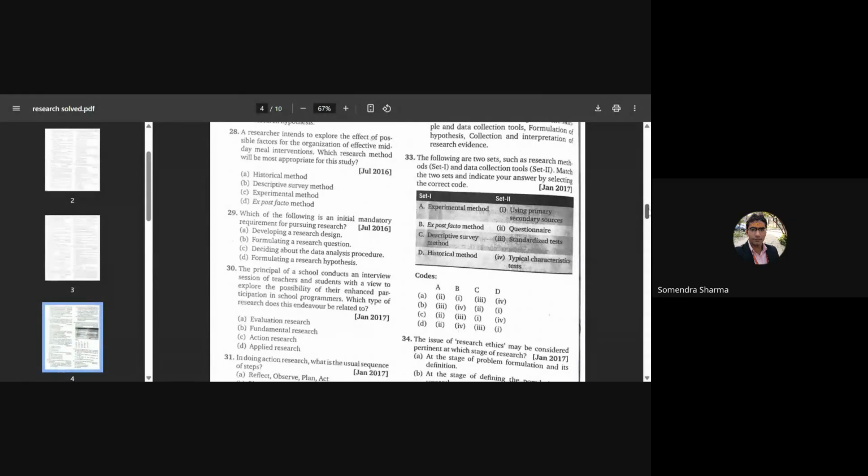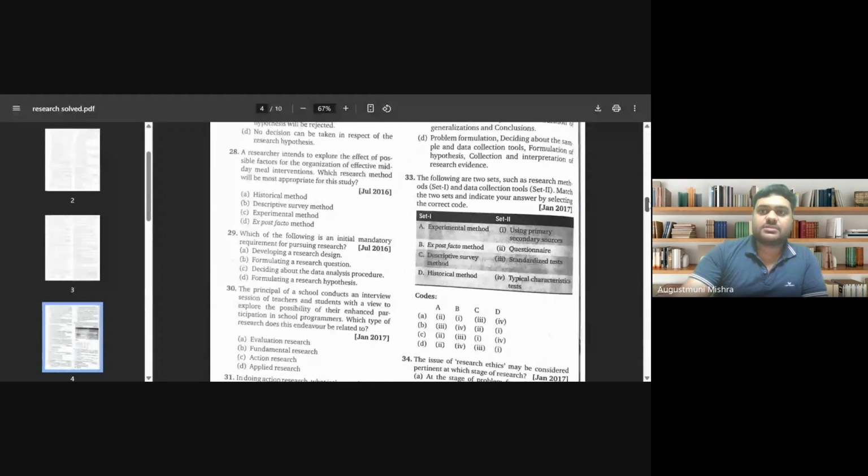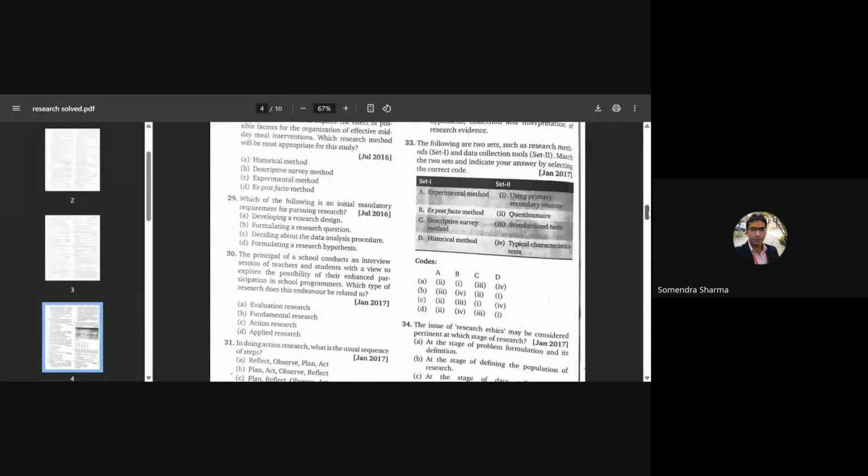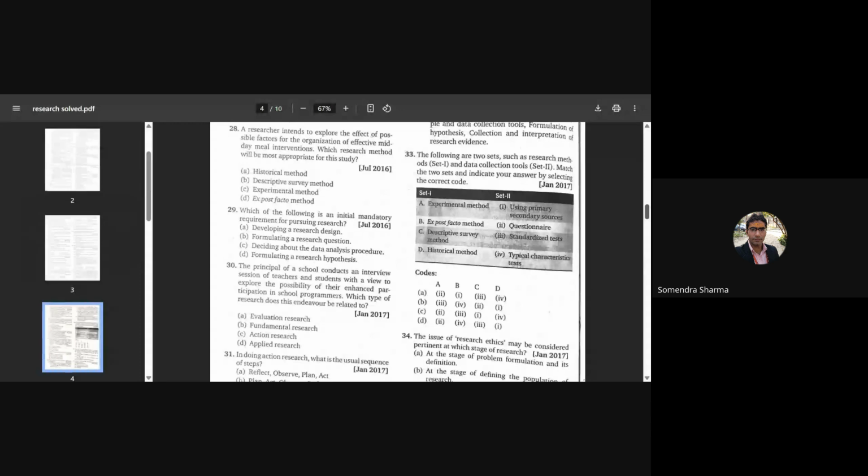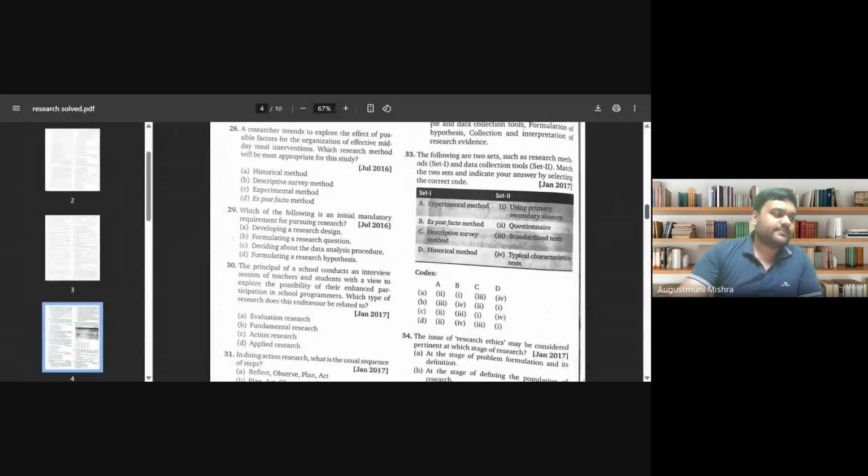Can I ask a question, sir? Yes, sir. Can you please tell us what is ex post facto method in short, if you can? Yes, sir. Ex post facto method is designed as a quasi-experimental study examining how an independent variable present prior to the study in the participants affects a dependent variable.